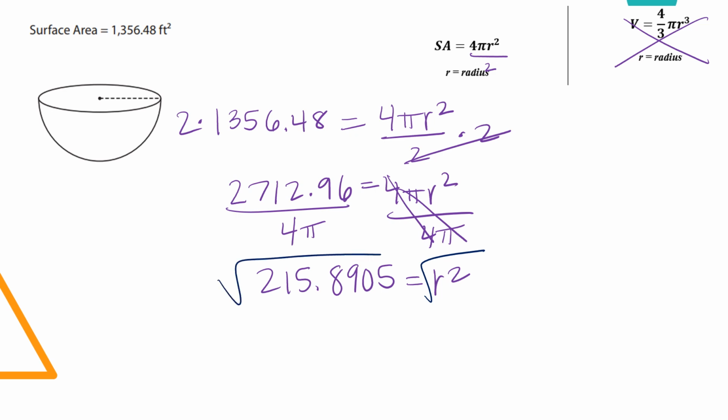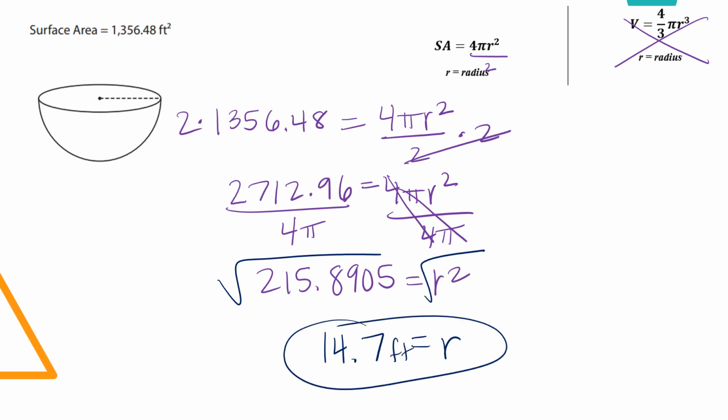Now this is just the square root, so you don't need to do that little 3. The square root of 215.8905 is approximately 14.7. So this would be 14.7 feet is the radius. We will work more on these types of questions next week and the week after, because I think these types of questions are important to understand and to know. Working backwards is definitely something that we do a lot of.